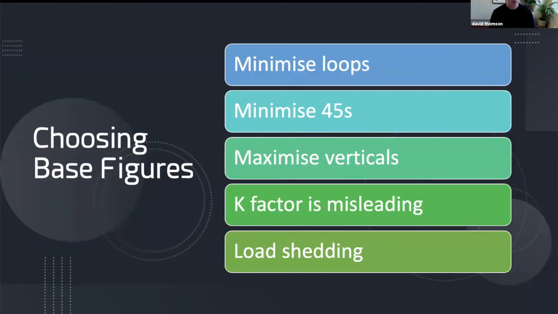So the key element, I guess, the first bit is, once you've got your 5 figures, and this is in a free known, you need to then choose 5 more figures that are going to play to your strengths.